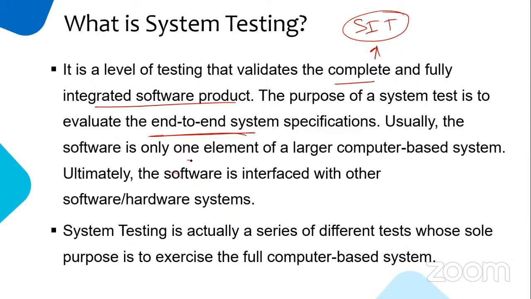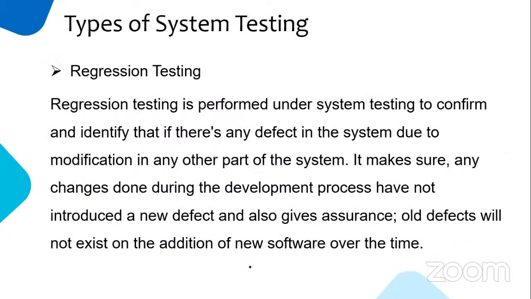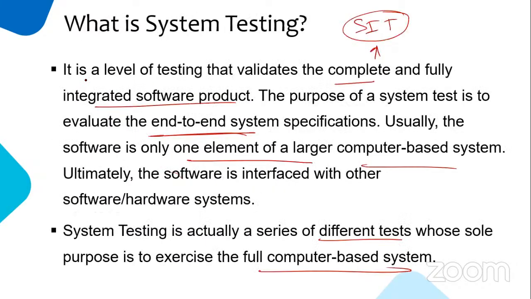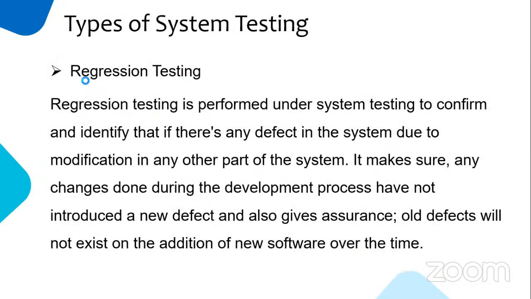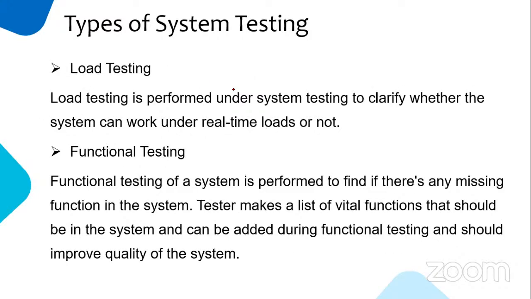Usually the software will be one element of a larger computer-based system, so it is a different test whose purpose is to exercise the full computer-based system. Within system testing, there are different types. One is regression testing, which we just learned, and load testing, functional testing.